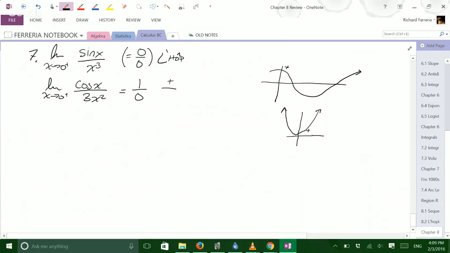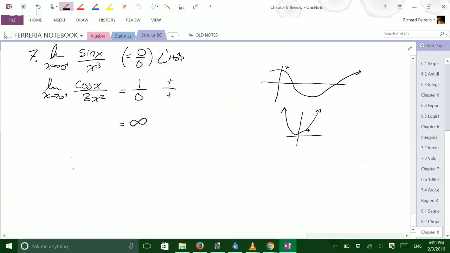To the right of 0, it's positive. So we've got a positive function over a positive function. That tells me that the result will be positive. If the result is positive and we're going to infinity, that means we're going to positive infinity. That's it.